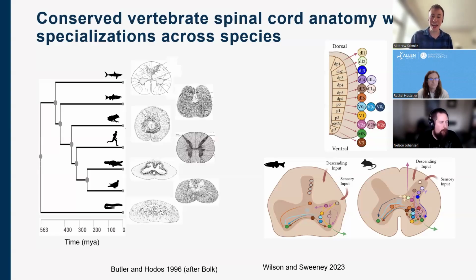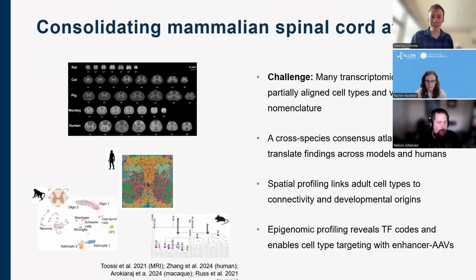So our question is taking a look at within mammals, consolidating the atlases that exist, as well as some data that we're generating, to answer this question of what's conserved and what's not.